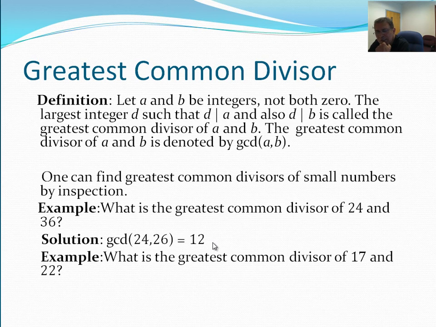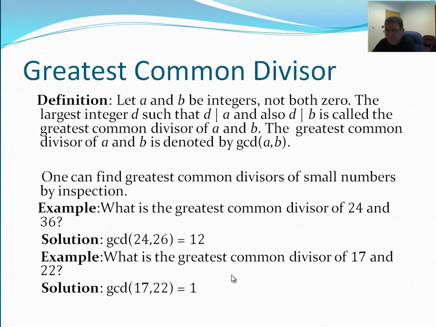There is no other number, and 12 is the greatest. Or what is the greatest common divisor of 17 and 22? 1 is the greatest number, because 17 is a prime number and 22 is not, but 17 is only divisible by 1 and itself. So if 22 is not divisible by 17, then forget it. The greatest common divisor would be 1.